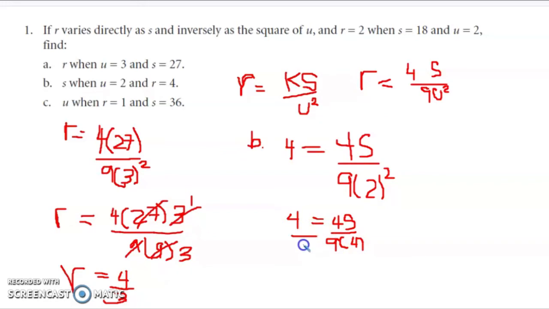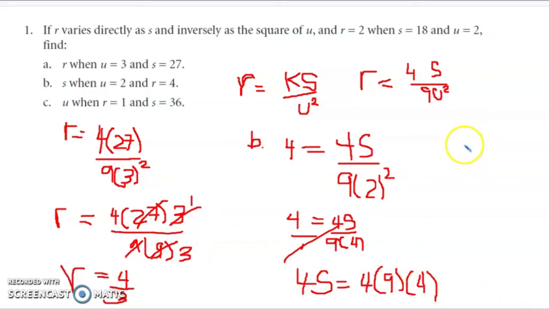So let us cross multiply now. 4S times 1, that is 4S, equals 4 times 9 times 4. Okay. Let us continue our solution here. So 4S is equal to, I will not multiply it, so we could use cancellation of factors later, times 4.